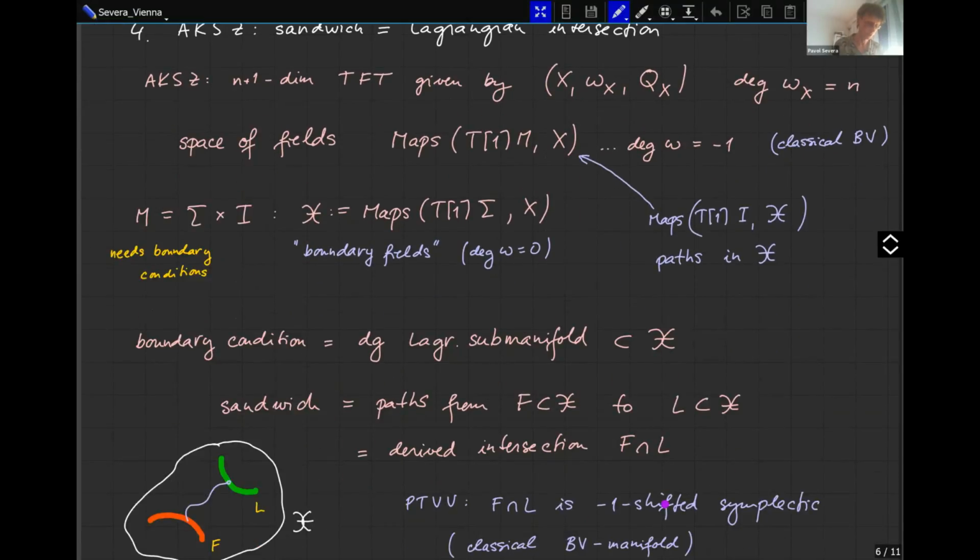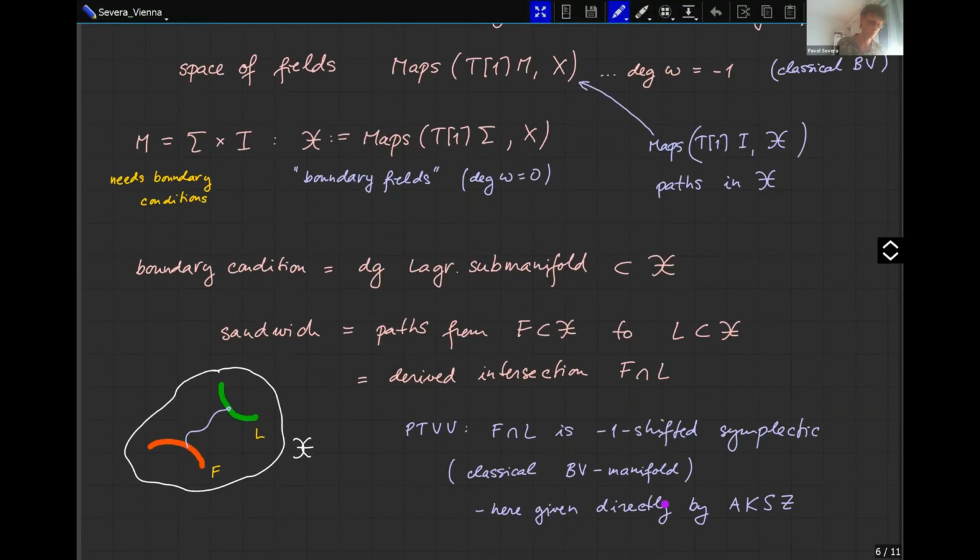Now we can understand in a nicer way what this sandwich picture is. Remember, our fields are paths in X, but we have those two boundary conditions. So these are paths that have to start at the first boundary condition, let's say a Lagrangian submanifold, and have to end at the other boundary condition.